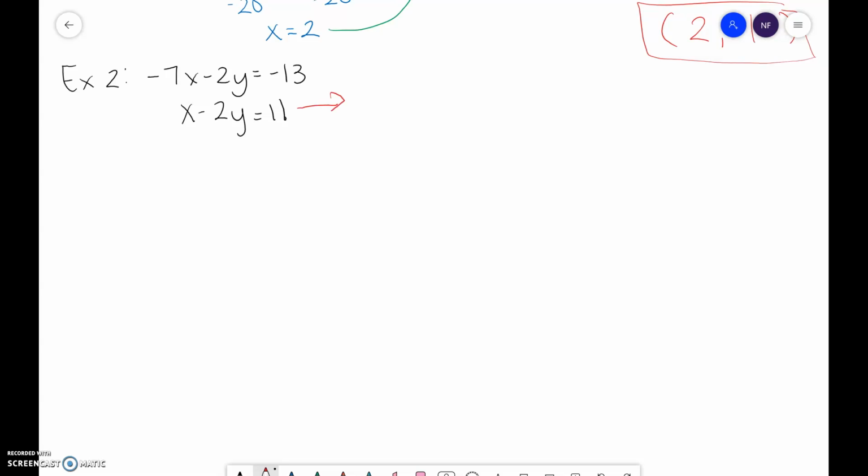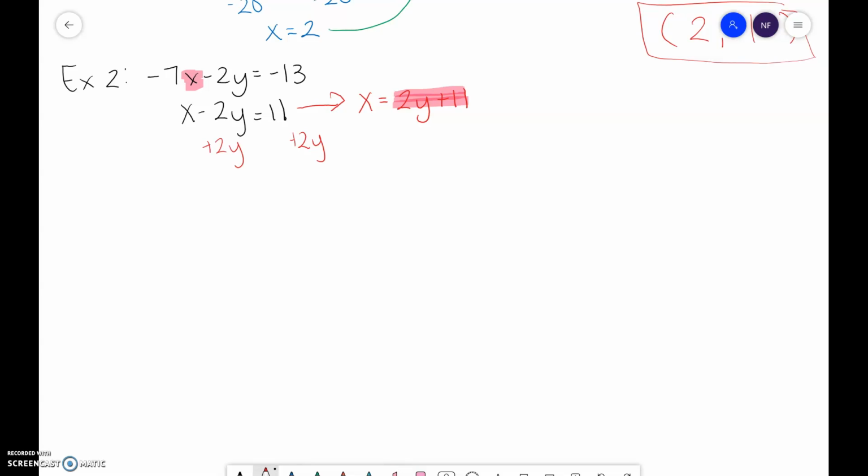So we're going to rewrite it by adding the 2y on both sides. And when we do that, we're going to have x equals 2y plus 11. So now I have what x is, and I'm going to plug it into this equation where x is.